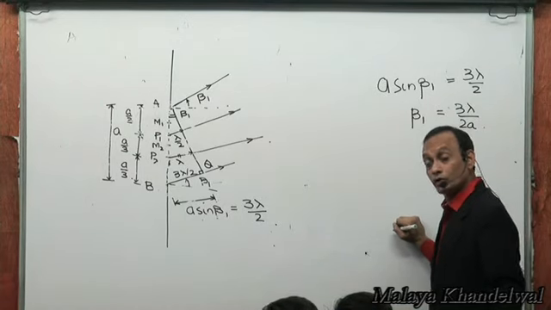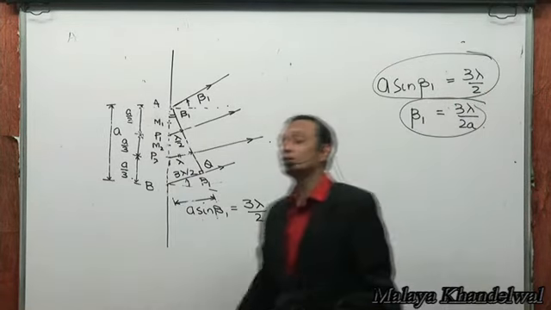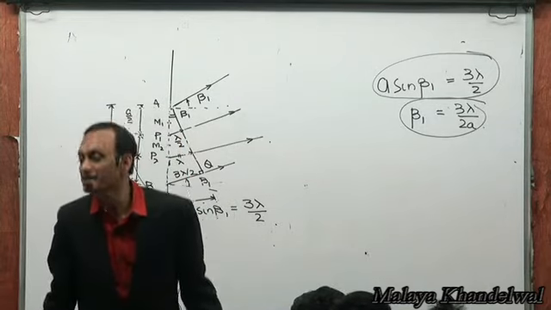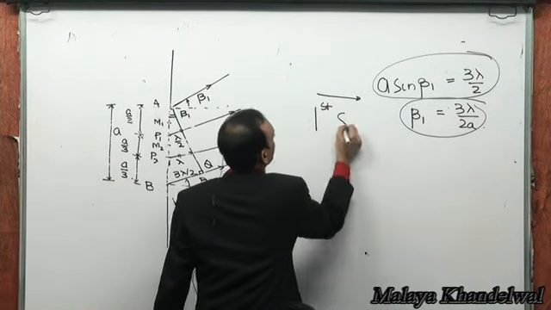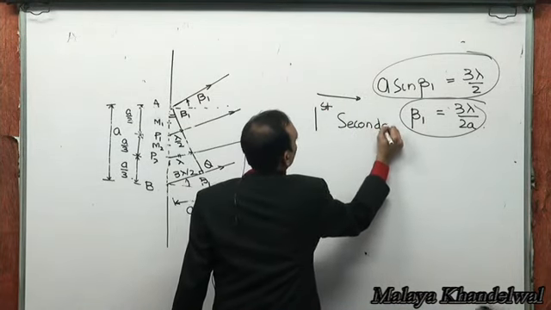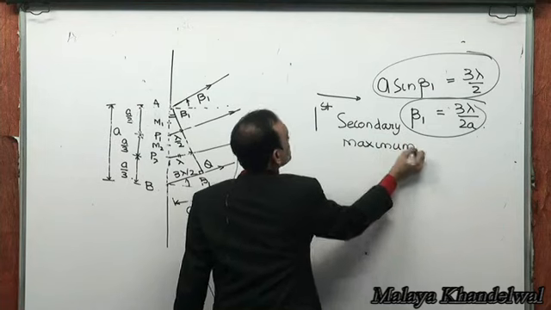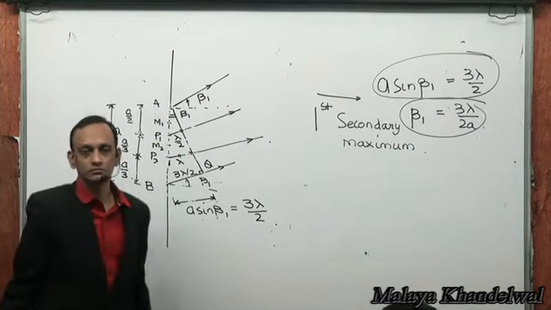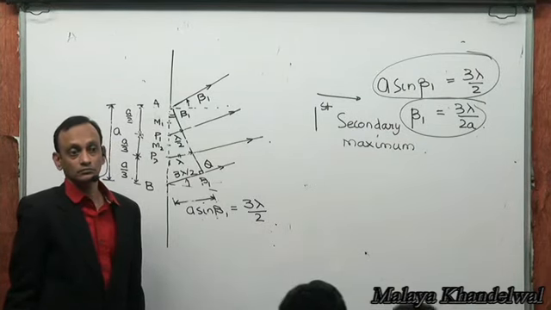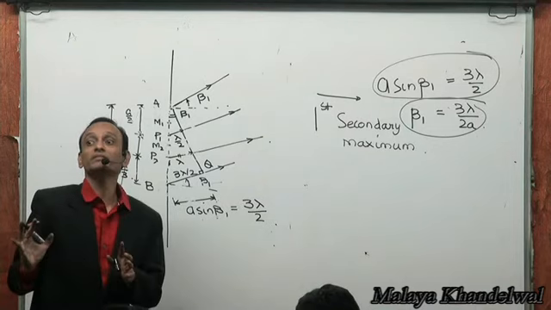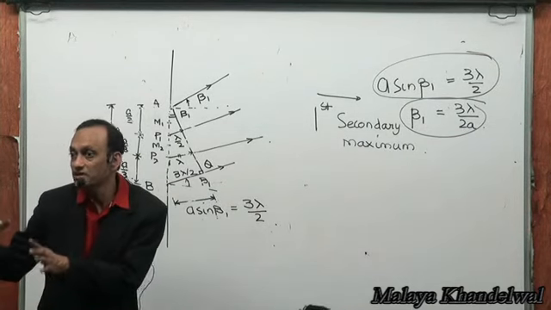This point beta 1 is called the first secondary maximum on the screen. And 1/3 of the light is available on the screen in the first secondary maximum.